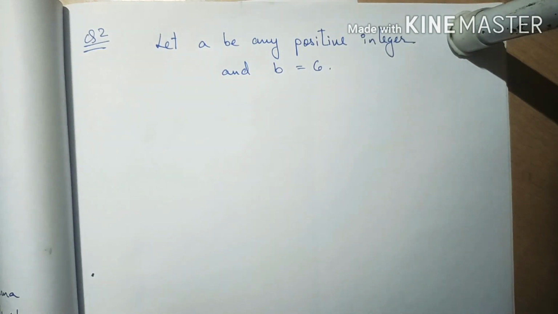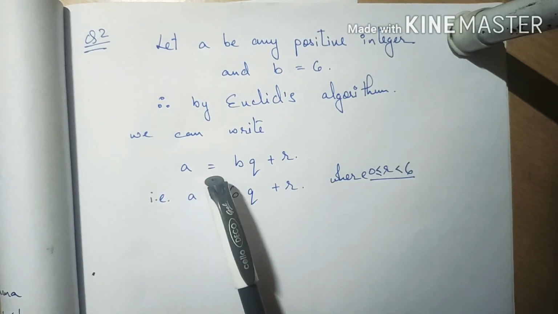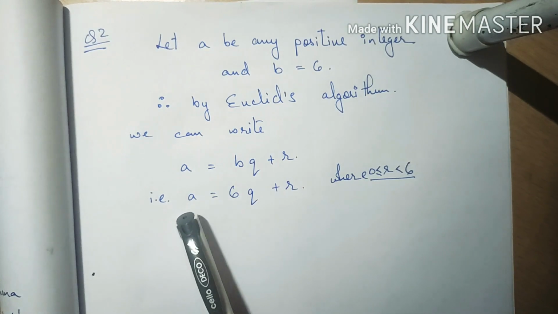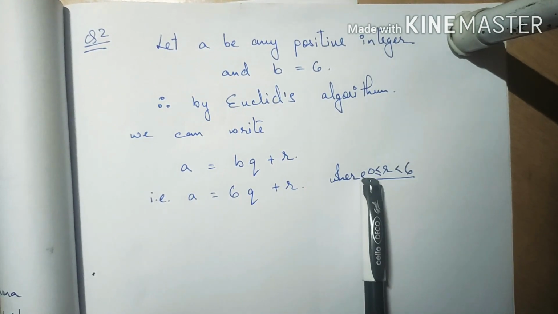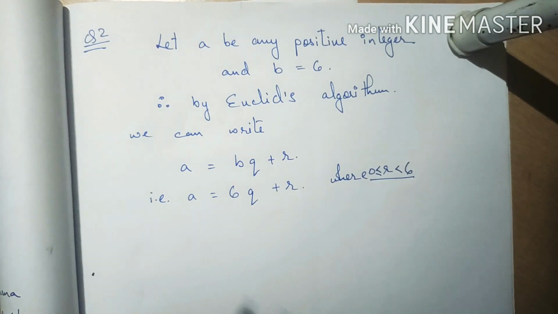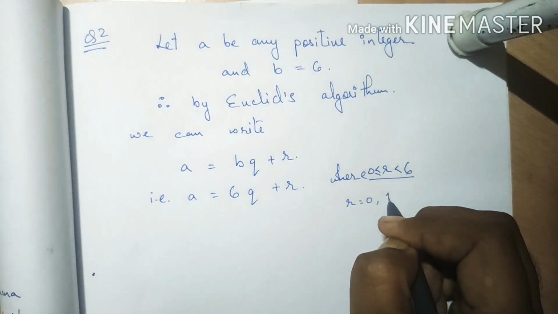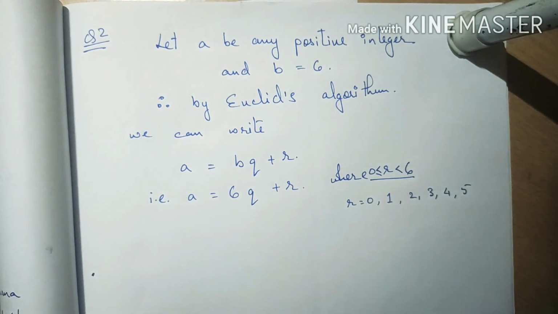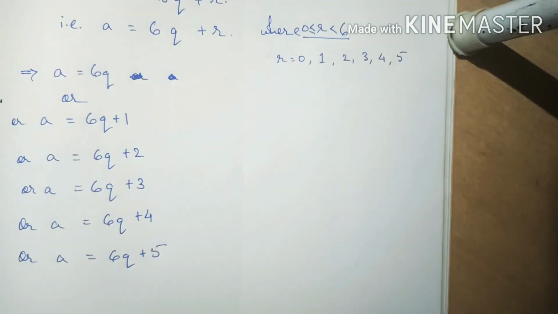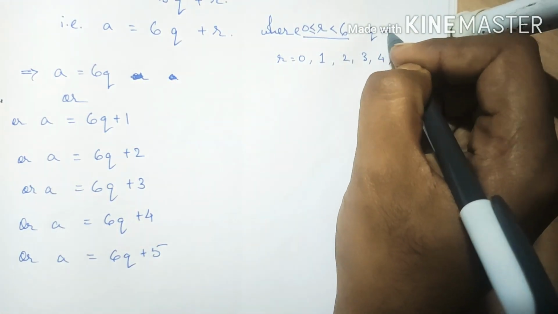By Euclid's algorithm, we can write A equal to BQ plus R, where A is equal to 6Q plus R. Now R can be either 0 or less than 6. So we have 6 values of R: R can be 0 or 1 or 2 or 3 or 4 or 5. R cannot be 6 or less than 0. And we also have to mention here that Q is some integer.